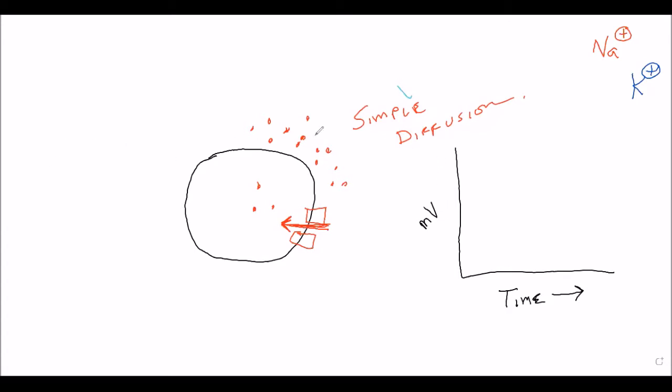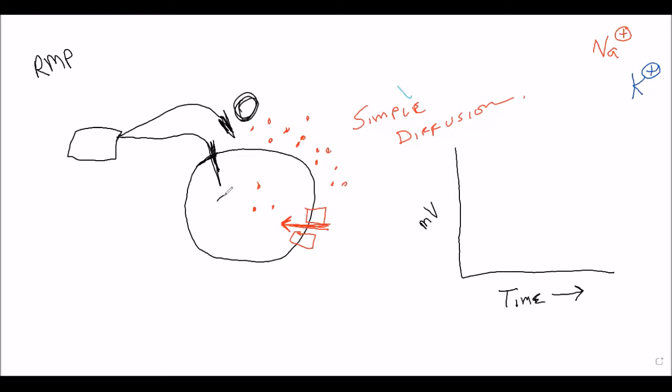Now, I have to also tell you that there's something called a resting membrane potential. A resting membrane potential is that we are going to see what the charge is across this membrane. The best way I can explain it is that if we put, let's say, a probe inside and a probe outside and hook this up to a meter, so we could see what the charge is over here compared to over here.